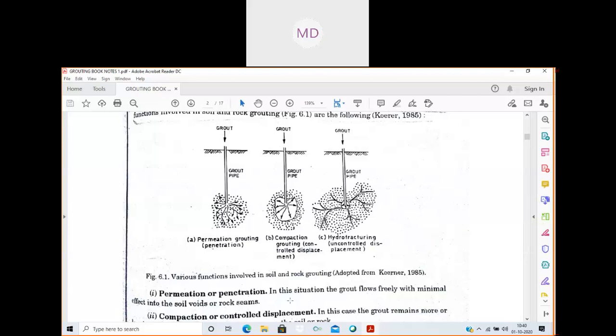In this situation, the grout flows freely with minimal effect into the soil voids or rock seams. The arrow marks are shown here.